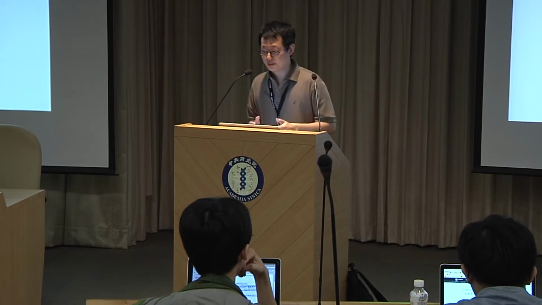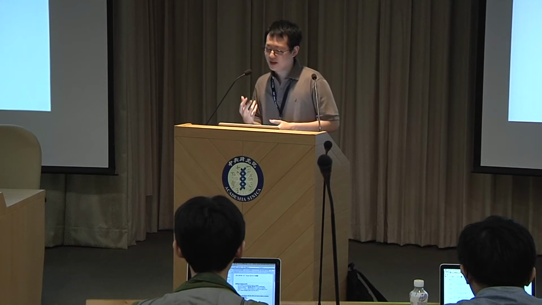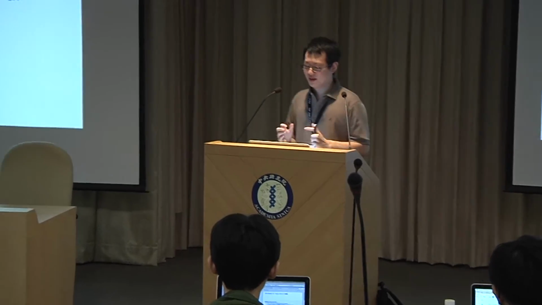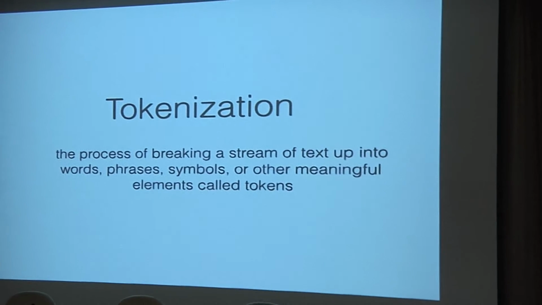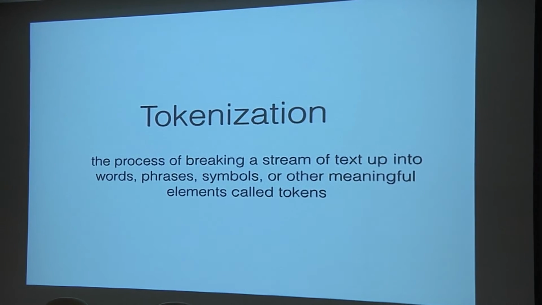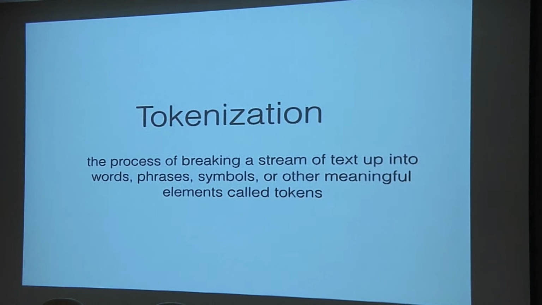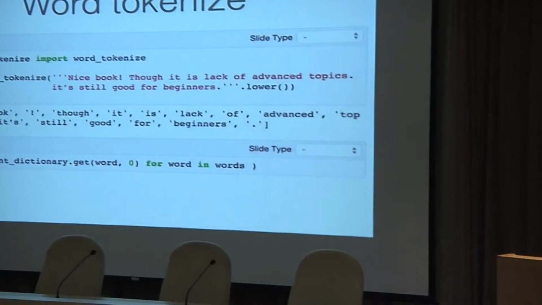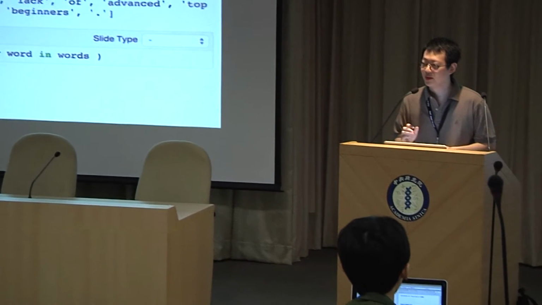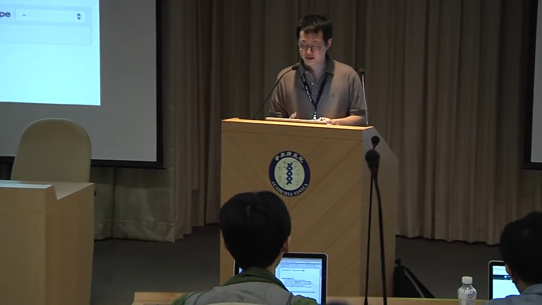The first thing to mention in NLTK is that it provides a lot of tokenization tools. What is tokenization? In natural language processing, tokenization means that you want to break a sentence or a text into words or phrases or symbols, which we call tokens. So NLTK provides a word_tokenize function.